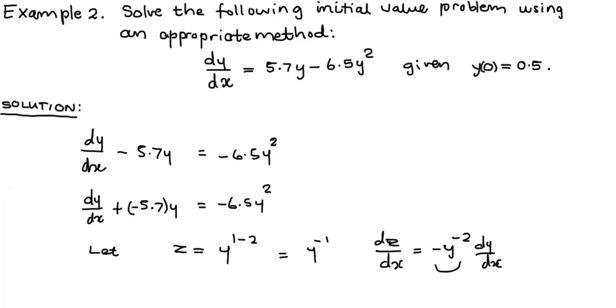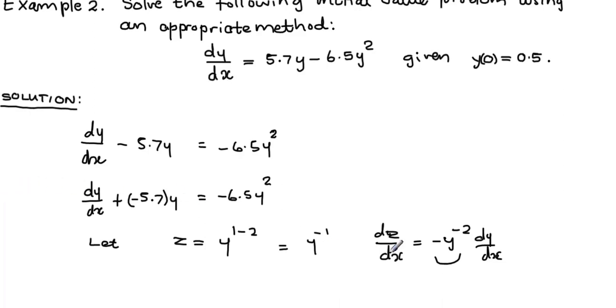In our process of reducing this equation to a first order linear equation, we will have to consider this factor seriously and multiply the whole equation by it, which is going to give us the following.